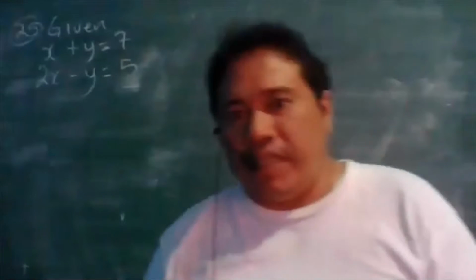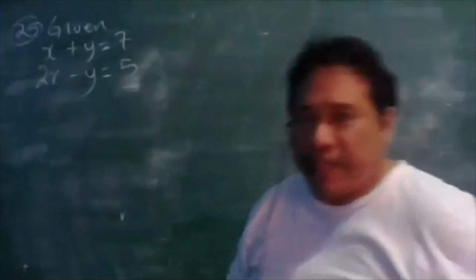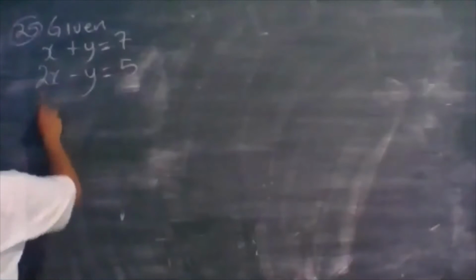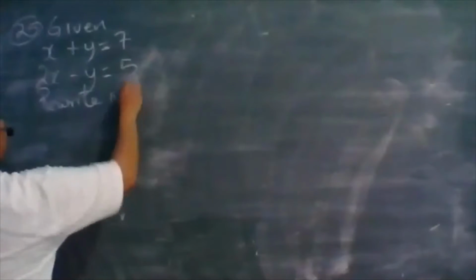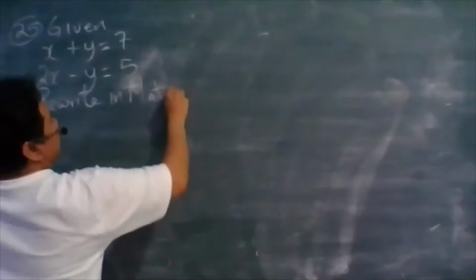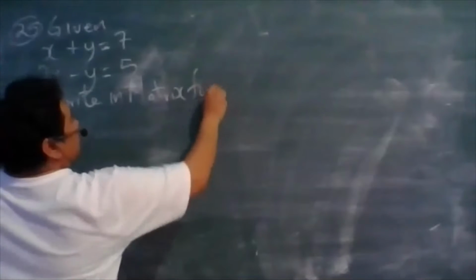So good day guys, today we are looking at the diagonalization method and we are given that x plus y equals 7 and 2x minus y equals 5. So the first thing we're going to do is rewrite in matrix form.